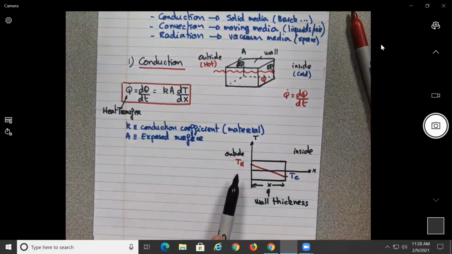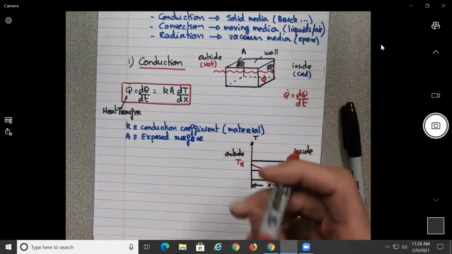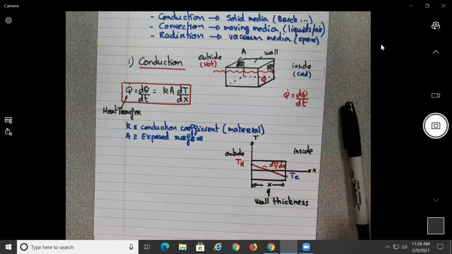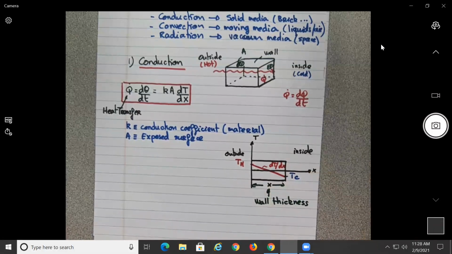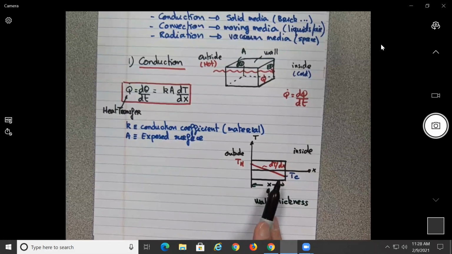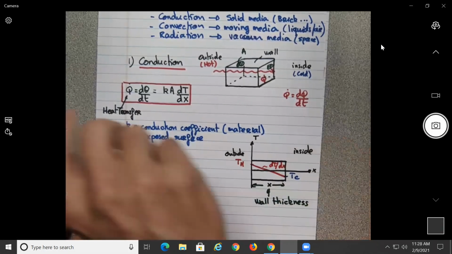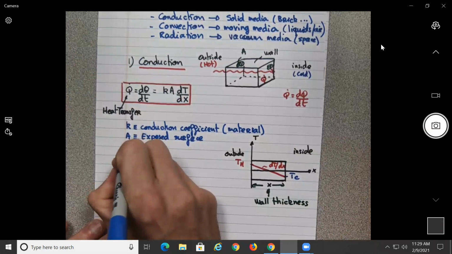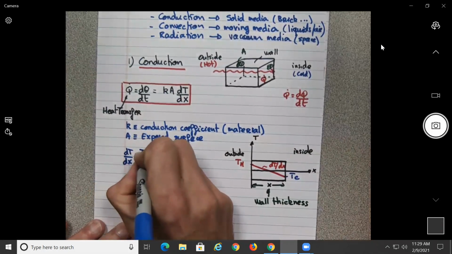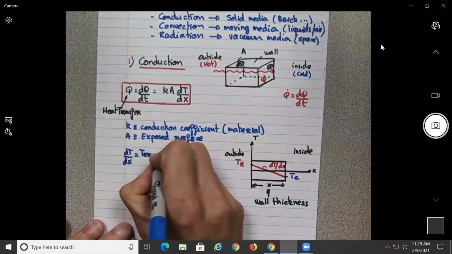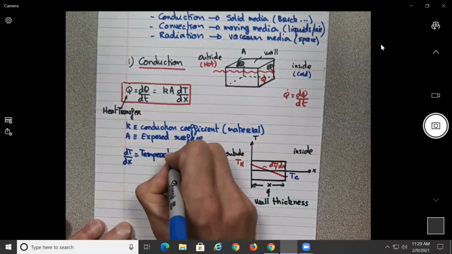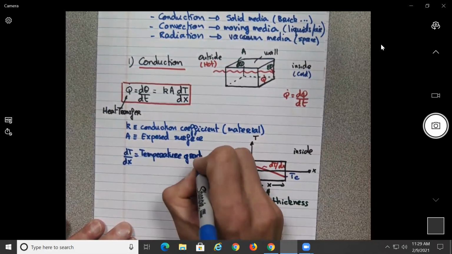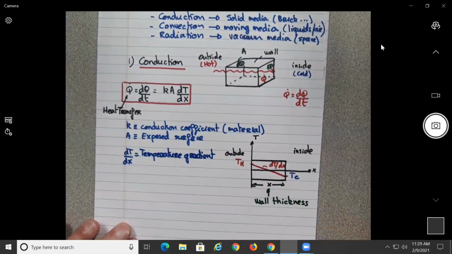So basically this is the equation of what we wrote over here, dT/dx, the change in temperature. So the dT/dx, let me write over here, dT/dx, is what is known as the temperature gradient, is negative.